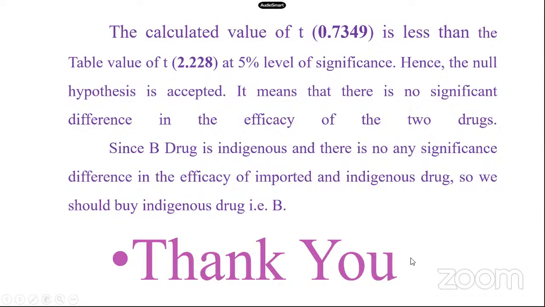The calculated value of t, that is 0.7349, is less than the table value of t, that is 2.228, at 5% level of significance. Hence, the null hypothesis is accepted. It means that there is no significant difference in the efficacy of the two drugs.